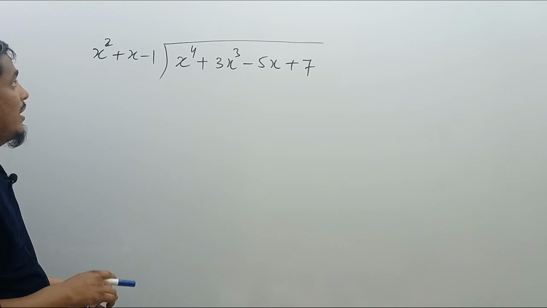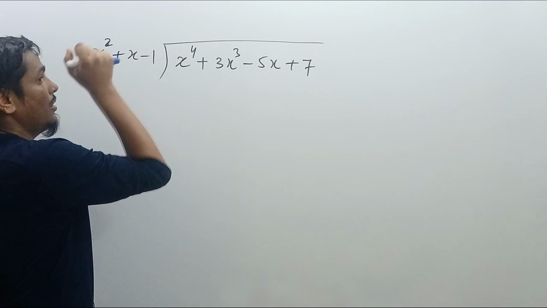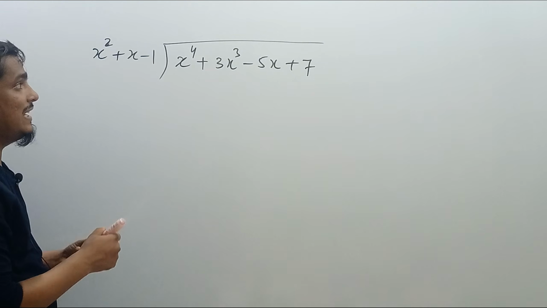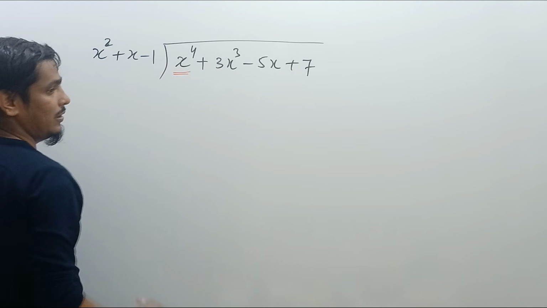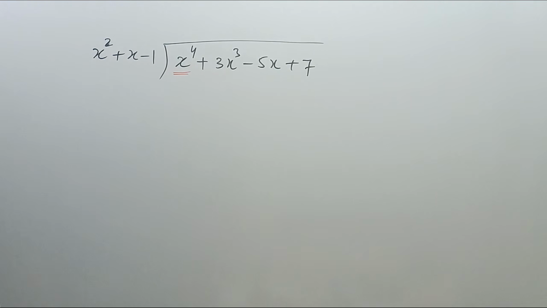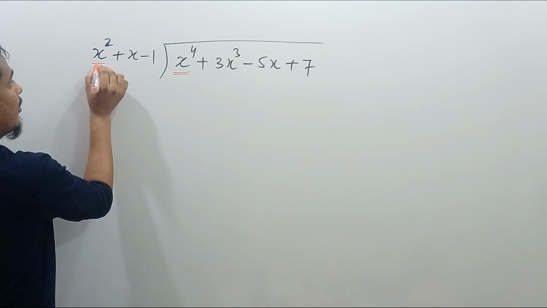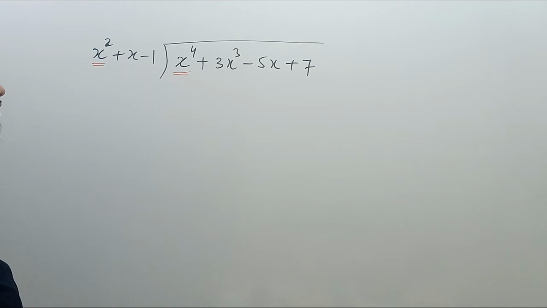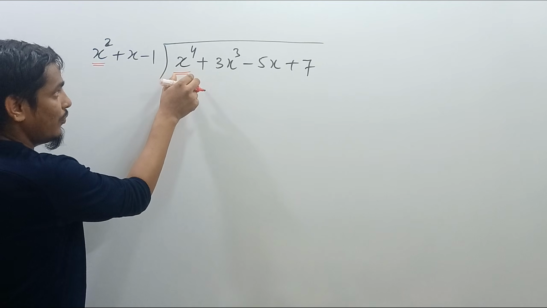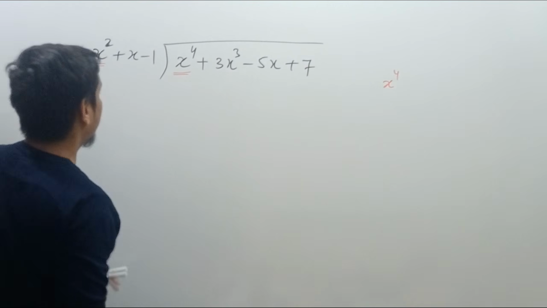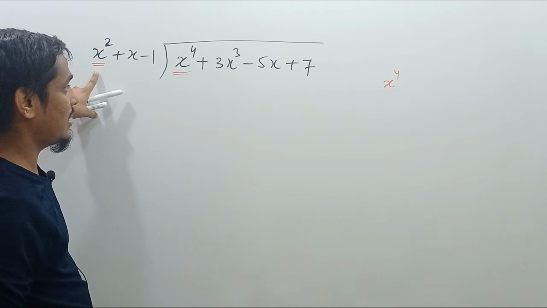So in order to find the quotient, we need to set it up over here. First thing is to look for the leading term of the dividend and divide the leading term of this dividend by the leading term of the divisor. So we can find that the leading term of the dividend is x to the power 4 and the leading term of the divisor is x square.